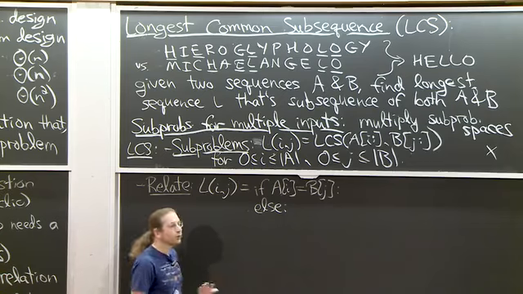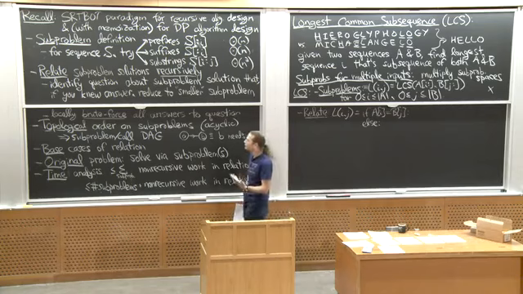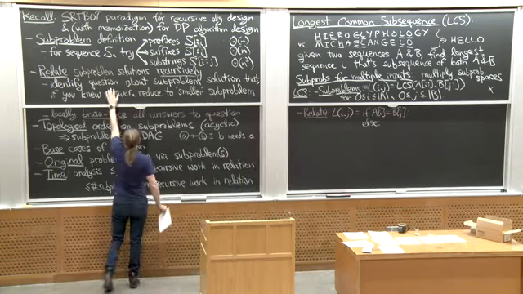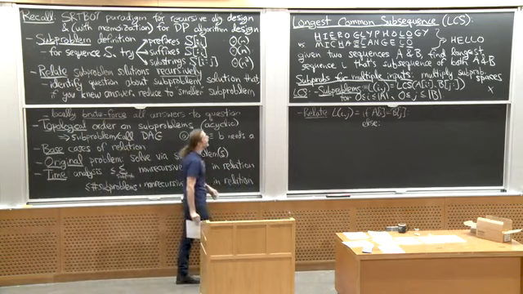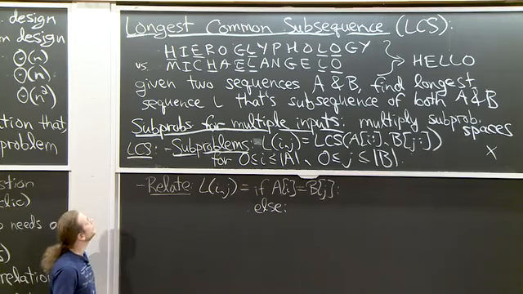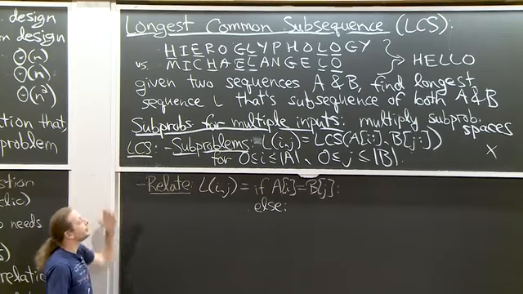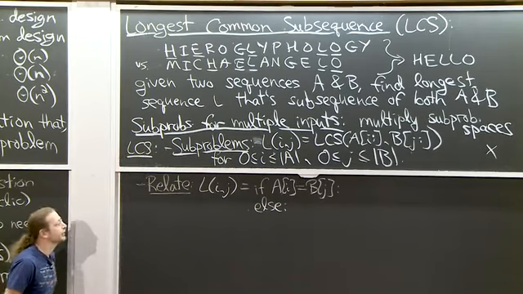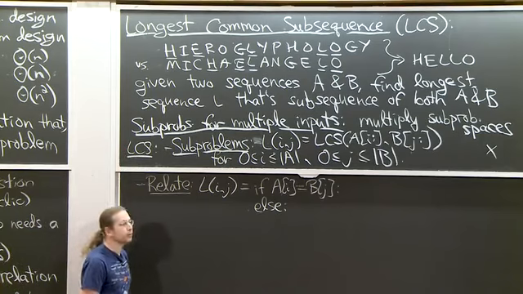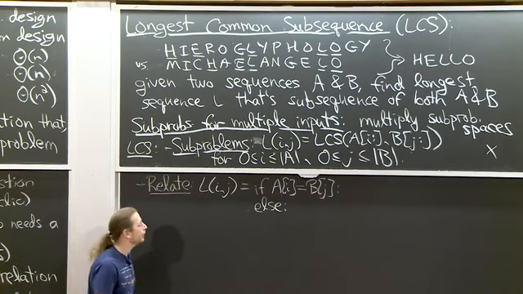But I don't know which one. So I have this question: do I know that the H is not in the answer, or do I know that the M is not in the answer, the final longest common subsequence? We don't know which, so we'll just try both.